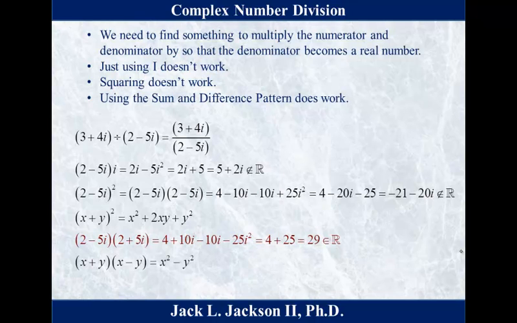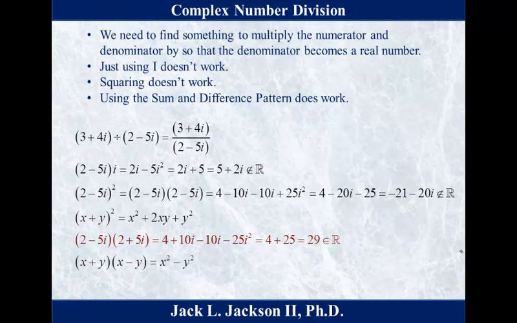Of course, that's going to give us 4 and negative 25, which is negative 21, but unfortunately the middle terms add up instead of canceling out. And so we still get a non-zero imaginary part, so we had a non-real complex answer, negative 21 minus 20i. So squaring it's not going to work.